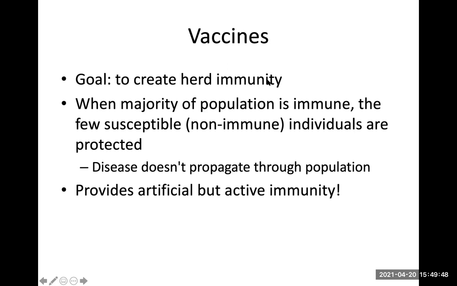The few people who don't get vaccinated, maybe they're too young, maybe they're too ill, there's some reason they can't have the vaccine, and it's okay because everyone else has it. And so we're able to stop the disease from becoming an epidemic, right? Again, vaccines provide artificial immunity, but it is active and very powerful.